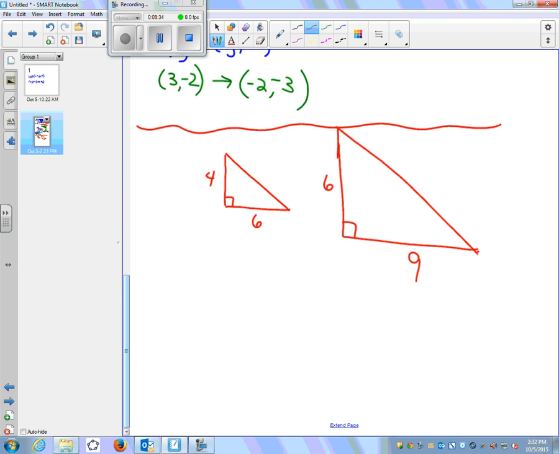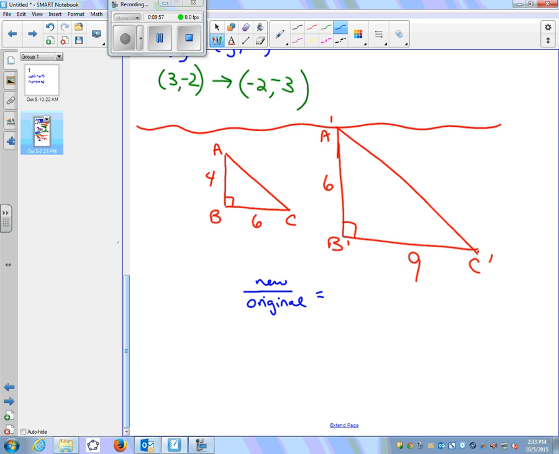And if it started here, let's say A, B, C, and this is A prime, B prime, C prime, which one is the original figure? ABC, right? And we said with calculating the dilation, you always want the original on the bottom and the new on the top.